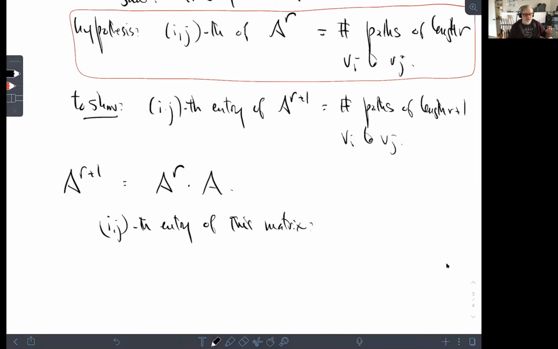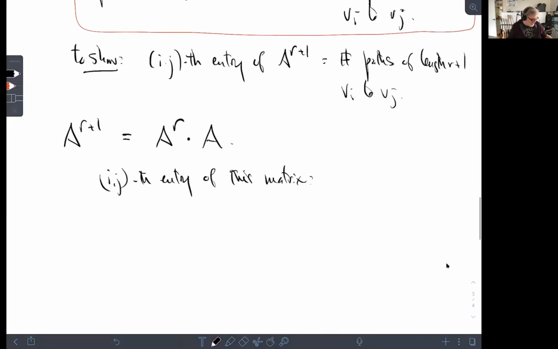I entirely understand if at this point you are staring at your screen and going, what the hell is going on? It's okay. I know this is a little heavier, especially since I dulled your brain with all sorts of really basic definitions on graphs. So what's the ijth entry of this matrix?